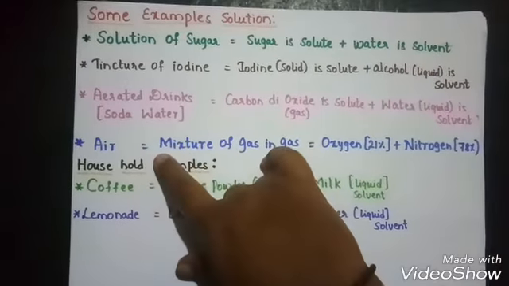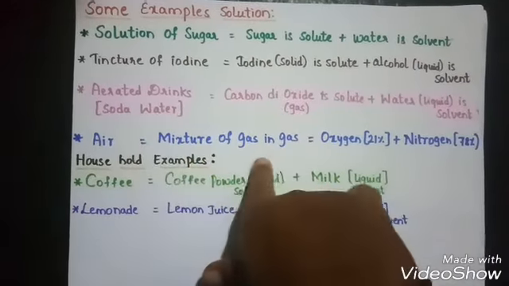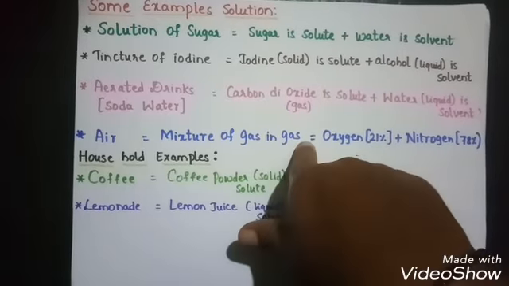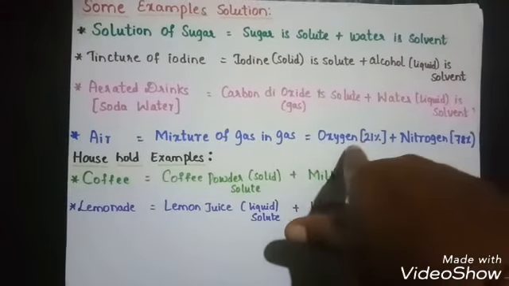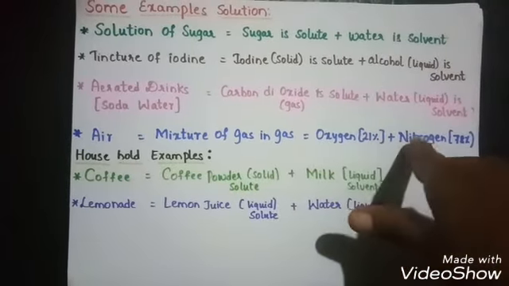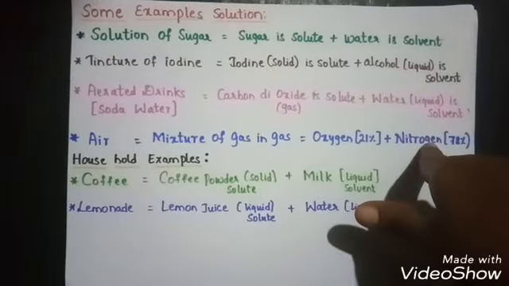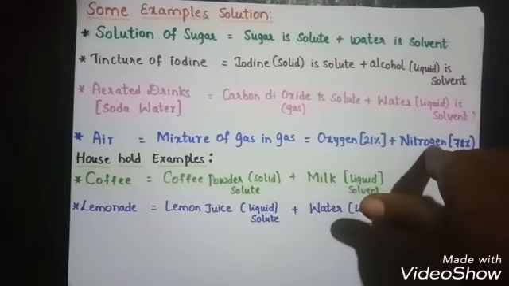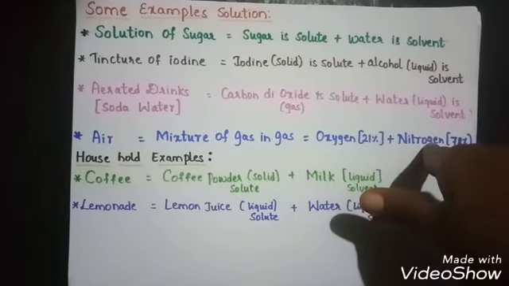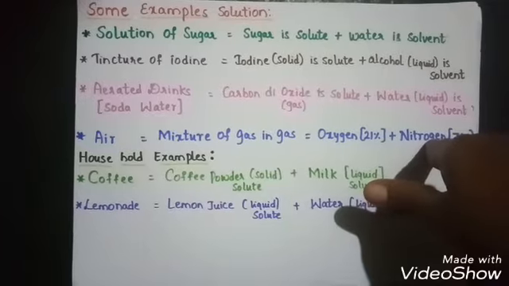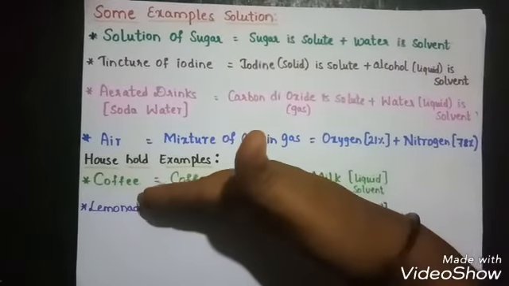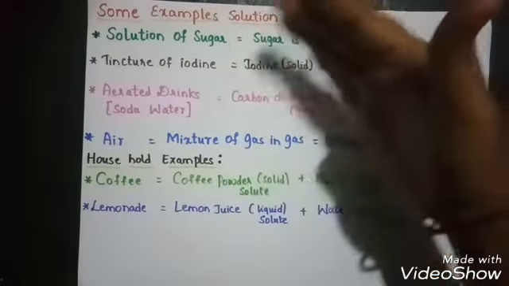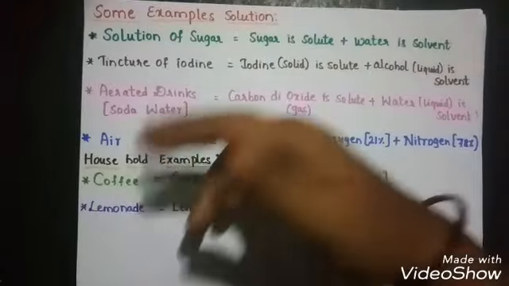The air we are breathing is also a mixture of gas and gas. In it, oxygen is 21% and nitrogen is 78%, and the remaining is some amount of carbon dioxide and water vapors. These are the general examples that we study under solution.